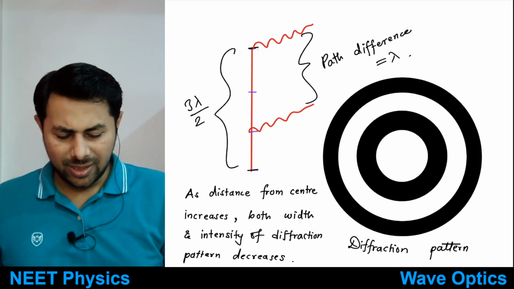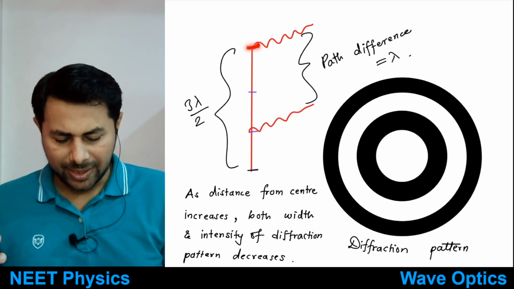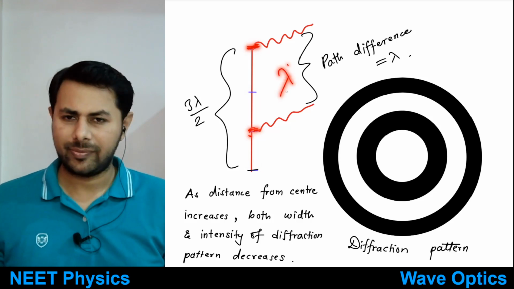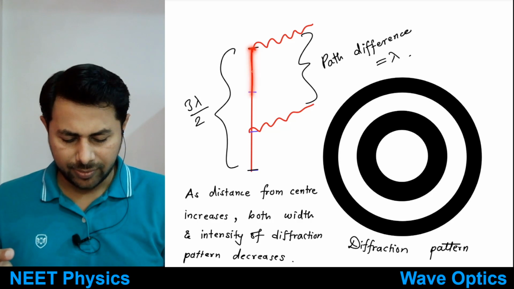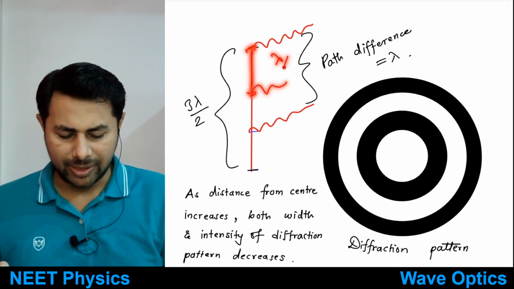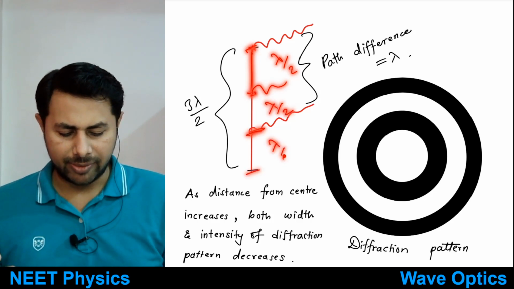So the path difference between this and this point would be equal to what? Lambda by 2, since it is 3 lambda by 2. So the path difference between this and this would be lambda by 2, this and this would be lambda by 2, and this and this would be lambda by 2.